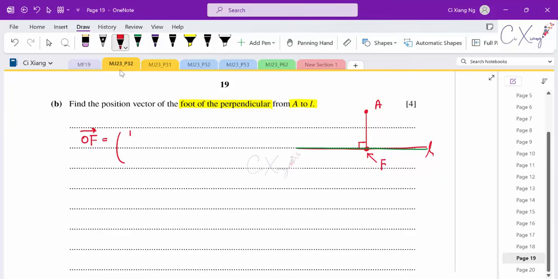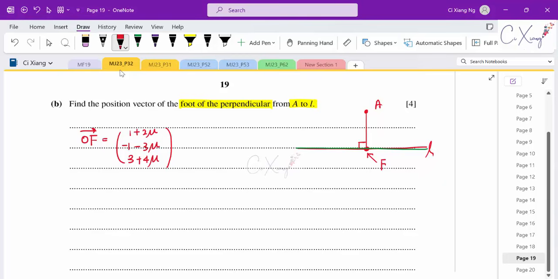The vector equation: I'm having 1 plus 2 mu, negative 1 minus 3 mu, and also 3 plus 4 mu. If you don't want to confuse yourself, you can replace the mu by using s or some other letter. No matter how, because F lies on the line L, the position vector of OF will equal the vector equation of L. So this is what I have for OF.